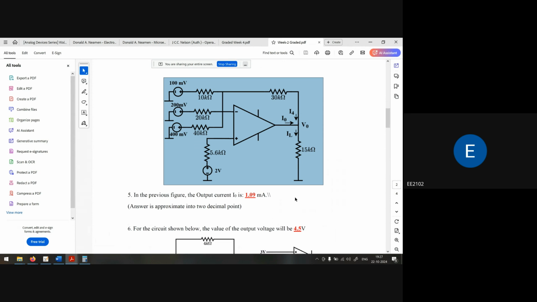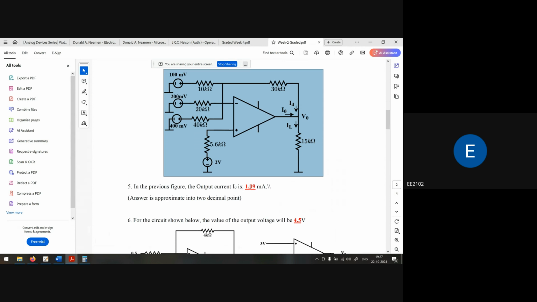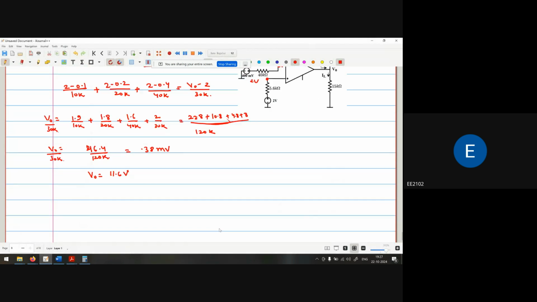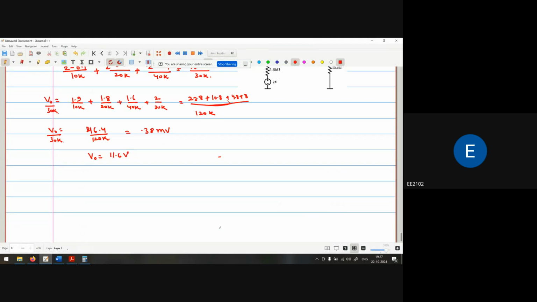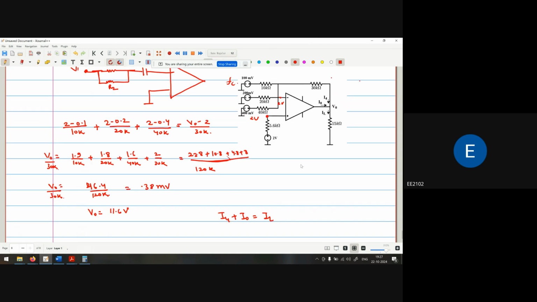Okay. Now in the previous figure, the output current, I know this. Now as I know that I4 plus I naught is equal to IL. What is the value of IL? V naught by 15K. Yes.